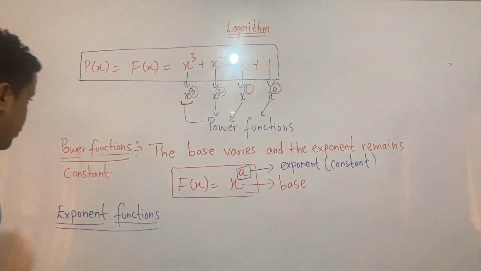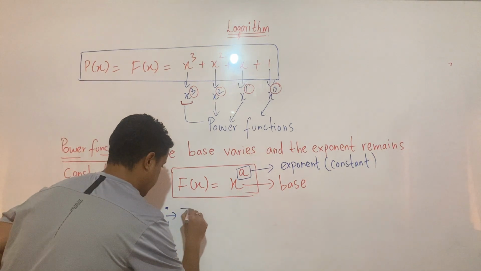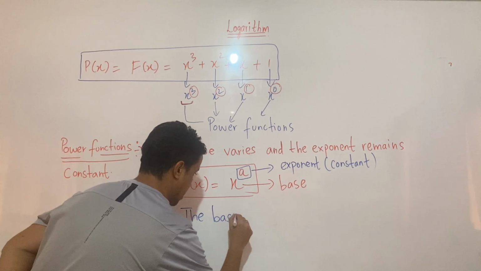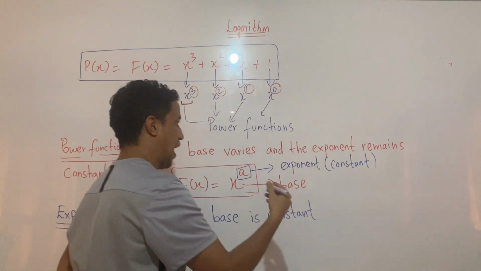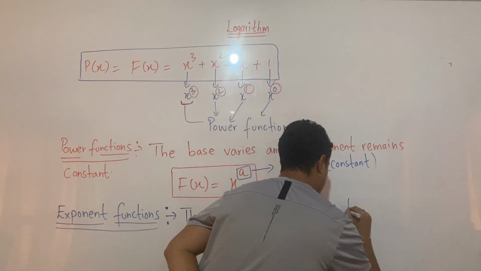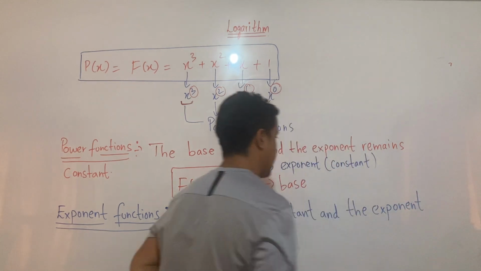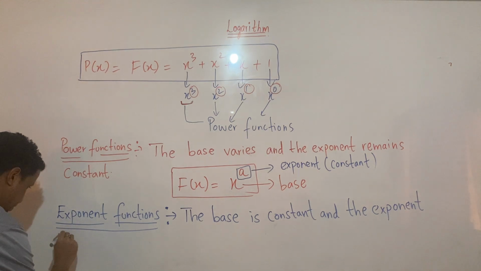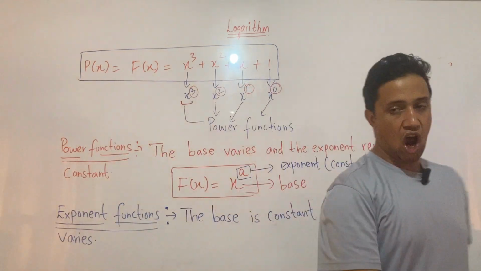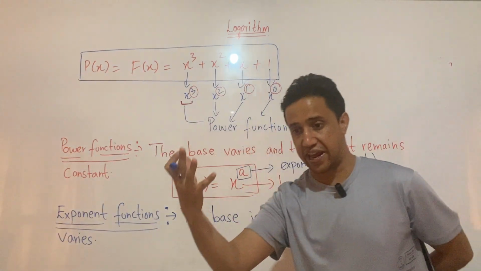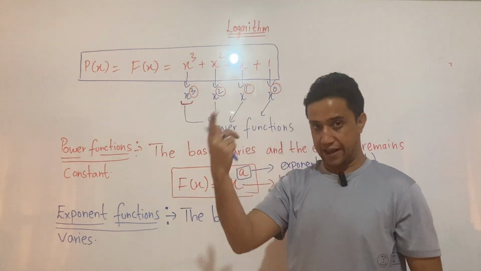Here, exponent functions mean that the base is constant and the exponent varies, meaning the exponent will take different values, because x is going to be the exponent part.